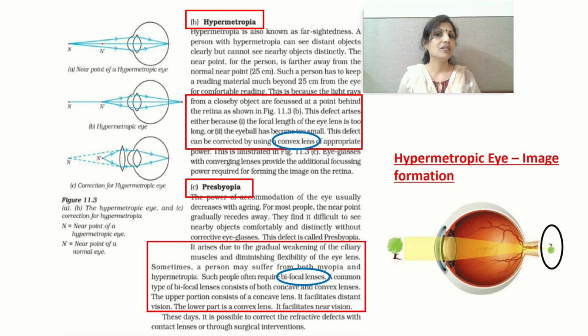Along with this, I also told you about astigmatism, which is the defect in the cornea. And astigmatism can be corrected by using the cylindrical lens. Okay, after this I told you something about the cataract. Cataract means the person cannot see the objects clearly.